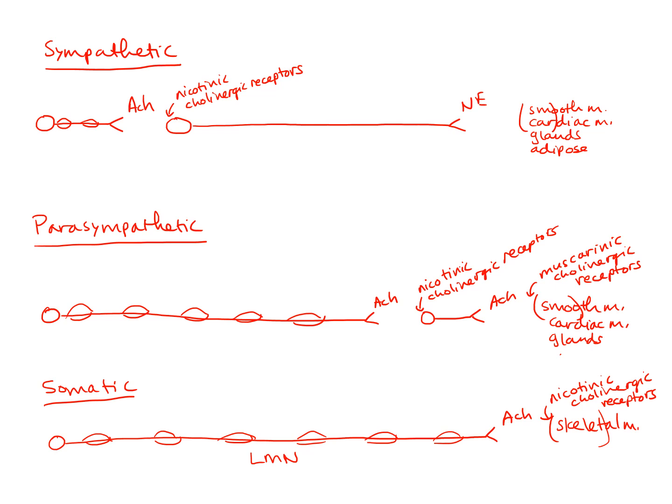And the receptor that is going to be on the effector organ is going to be an adrenergic receptor. So that is what norepinephrine will bind to. And epinephrine will also bind to these adrenergic receptors. And remember that epinephrine has been released by the adrenal medulla, and that's been stimulated by the sympathetic preganglionic neuron to release the epinephrine.